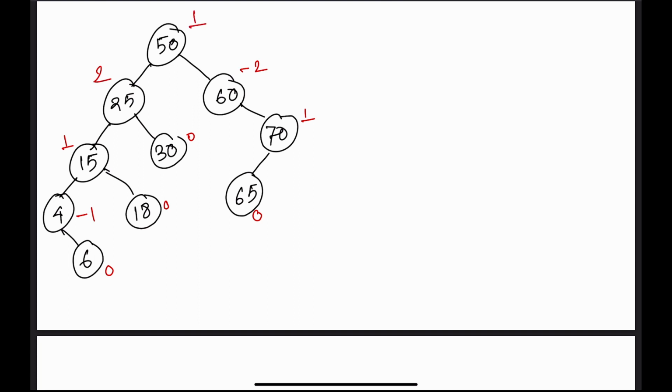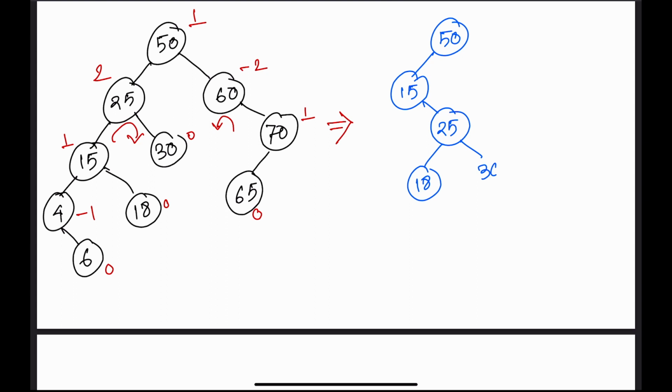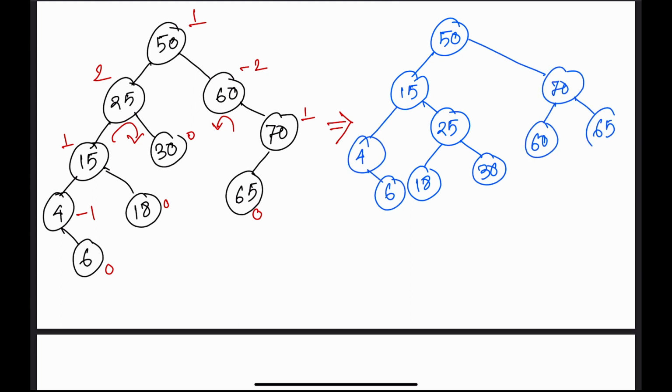Now after the right rotation, what will happen? We have seen that. And also the left rotation, what will happen? We have seen that. So we are going to directly put 50, 65. Correct? Now if I do it, 0, 0, 0, 0, 0, and here it is 1.